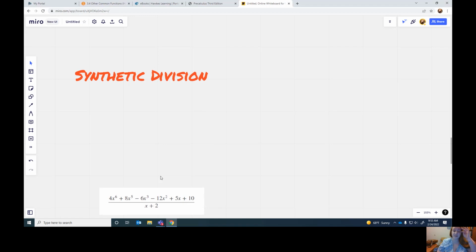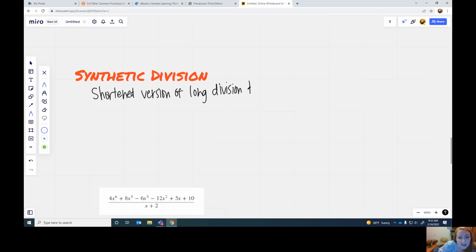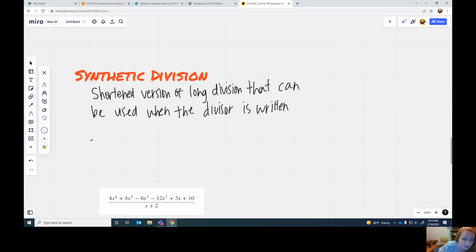Right, so synthetic division is a shortened version of long division that can be used when the divisor is written in the form x minus c.